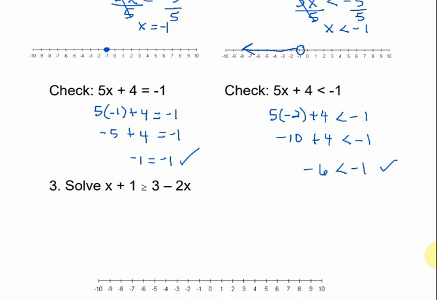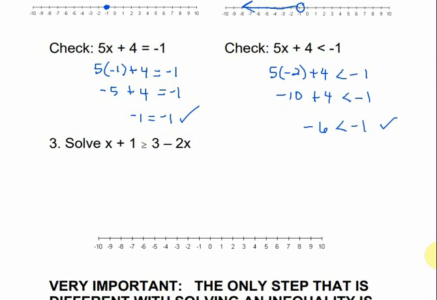All right, let's solve this next inequality. I want to get the x's on one side and the stuff without x's on the other side. Since I get to follow my arrow if the x is first, let me move the x's to the left side of the inequality. All right, so I'm going to add 2x to both sides. And that gives me 3x plus 1 is greater than or equal to 3.